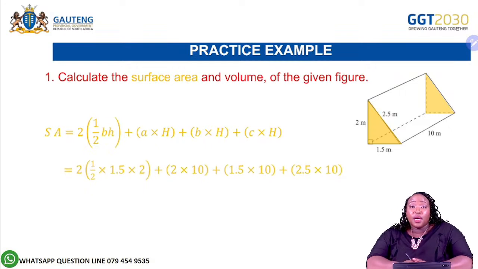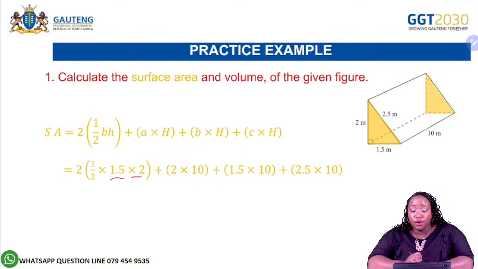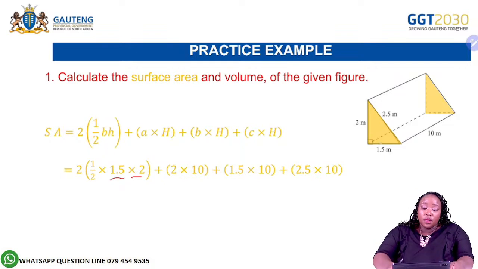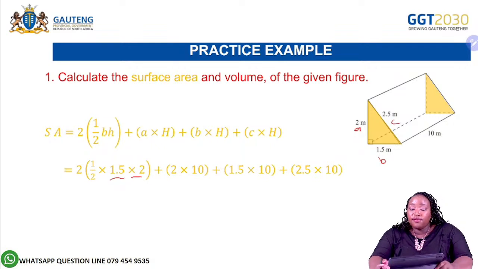Here we are going to substitute all our measurements. The triangle is a right angle triangle, so the height is 2 meters and the base is 1,5 meters. We substitute those into the formula, and then our A, B, and C in this case are given as 2 meters for A, 1.5 meters for B, and 2,5 meters for C. You recognize all of those?